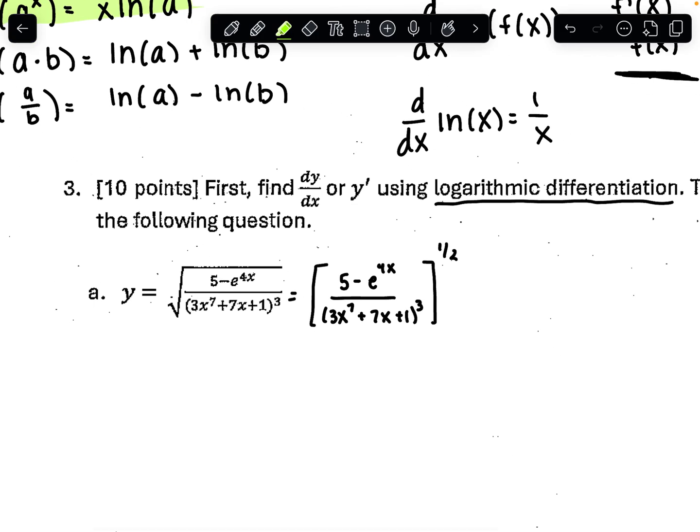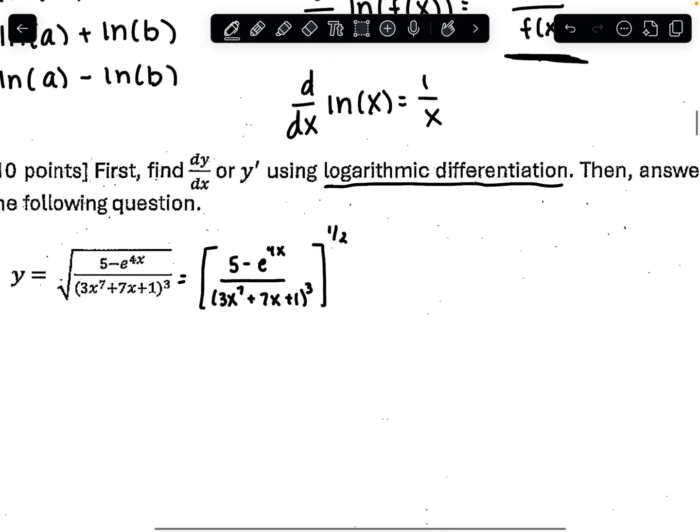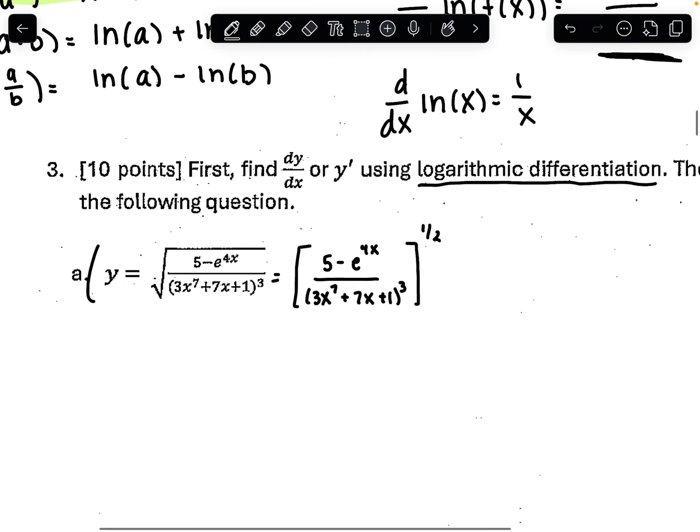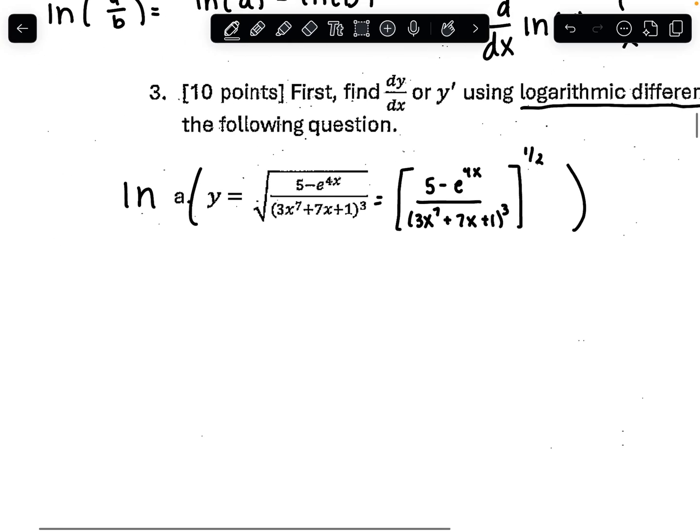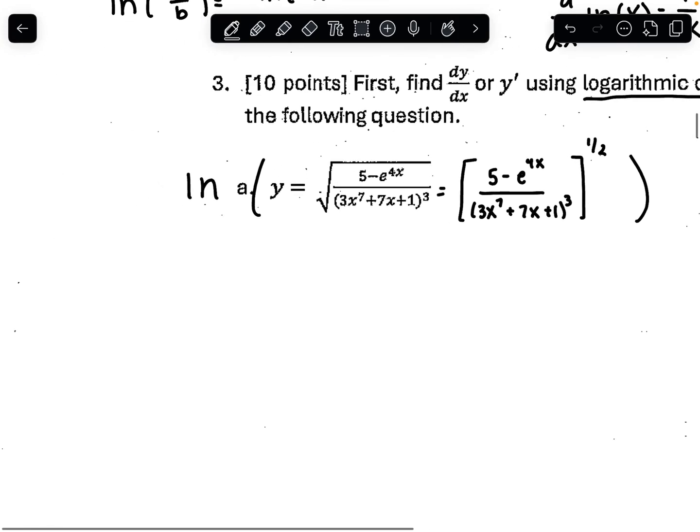First up, we actually have to take a log. We haven't taken a log yet. So we're going to do ln of everything. We'll have ln of y equals ln of this whole thing that I have.